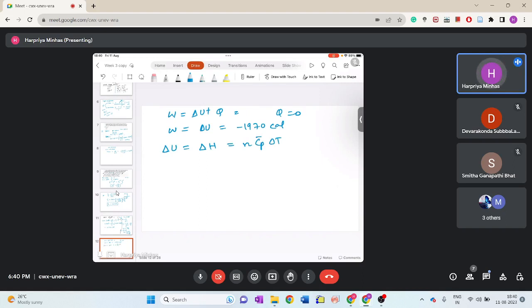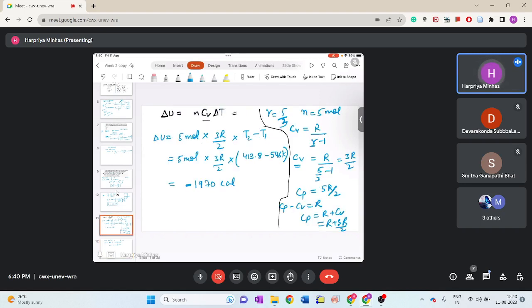This is the same equation that we got for del U at constant volume. Now we are calculating at a constant pressure. In the last slide we calculated the value of Cp, that Cp is equal to 5R upon 2.